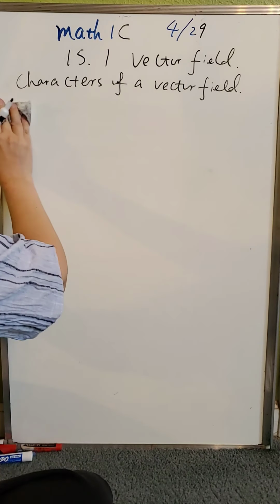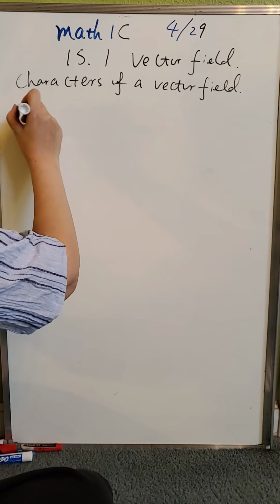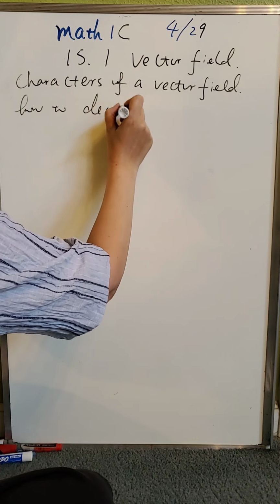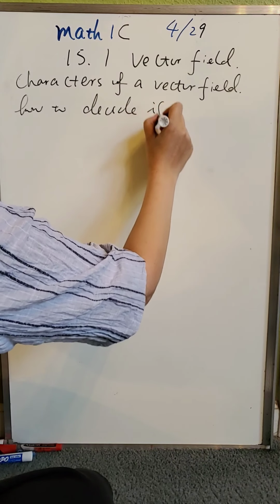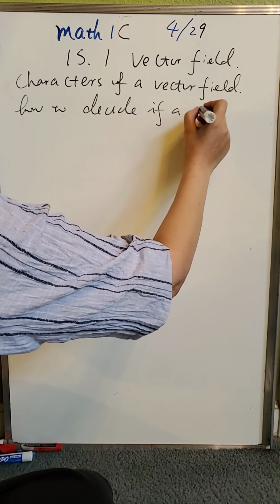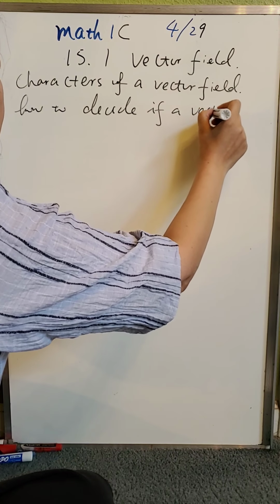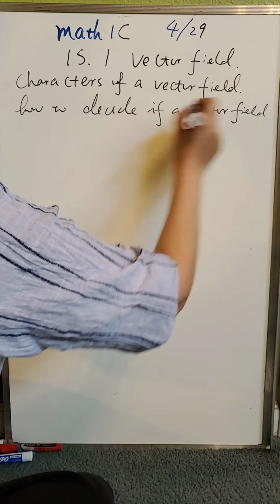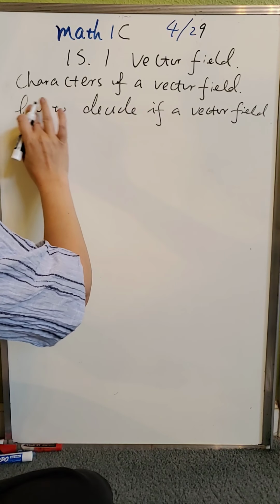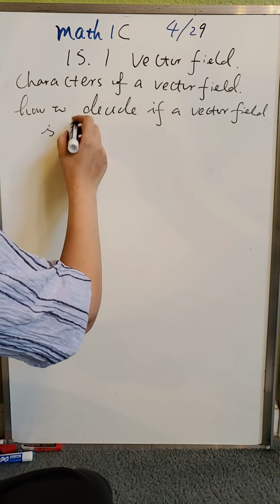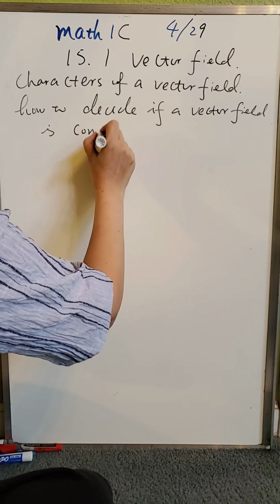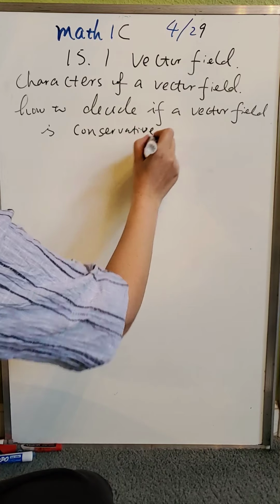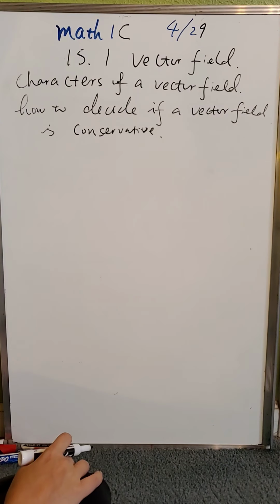The next thing is how you're going to decide if a vector field is conservative. There's a couple of things you can use to decide.